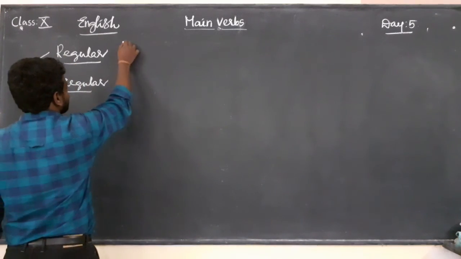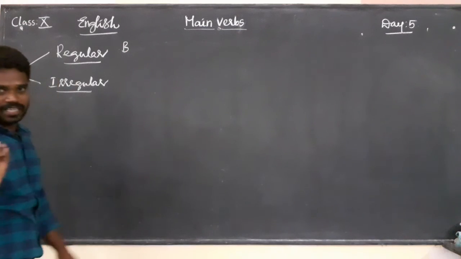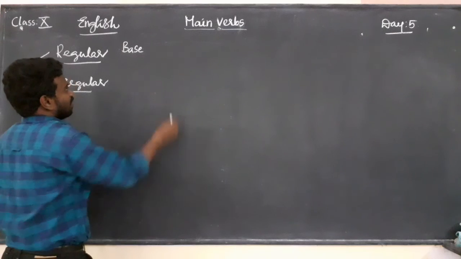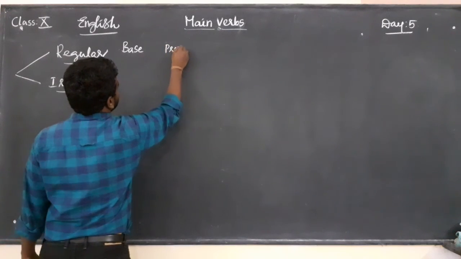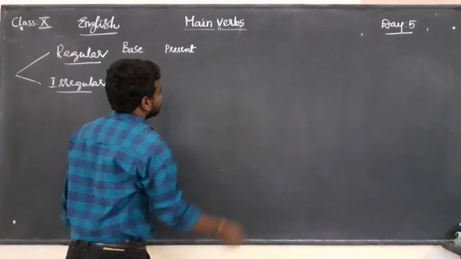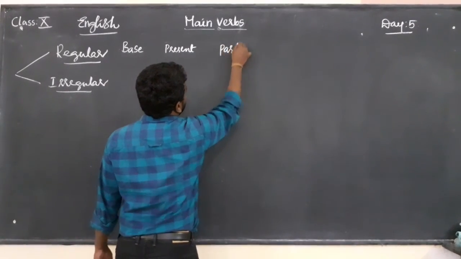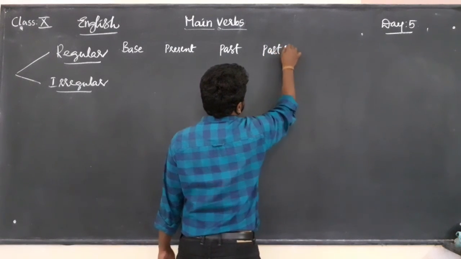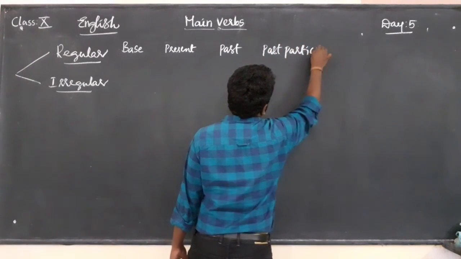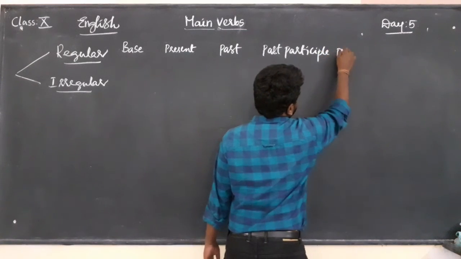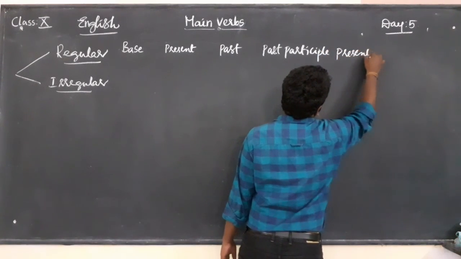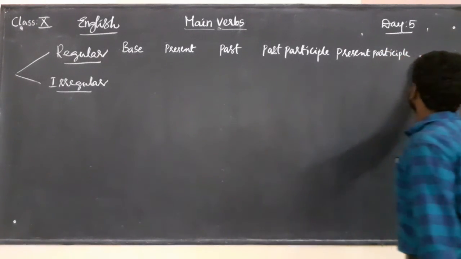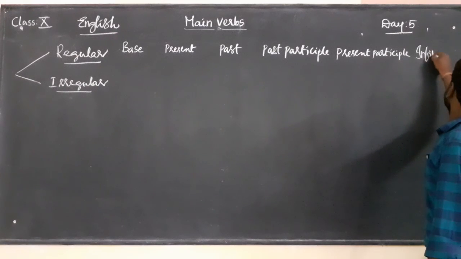So here we can say I gave you 6 different forms. What are they? Base form, present form, past form, past participle, present participle, and the last one is infinitive.